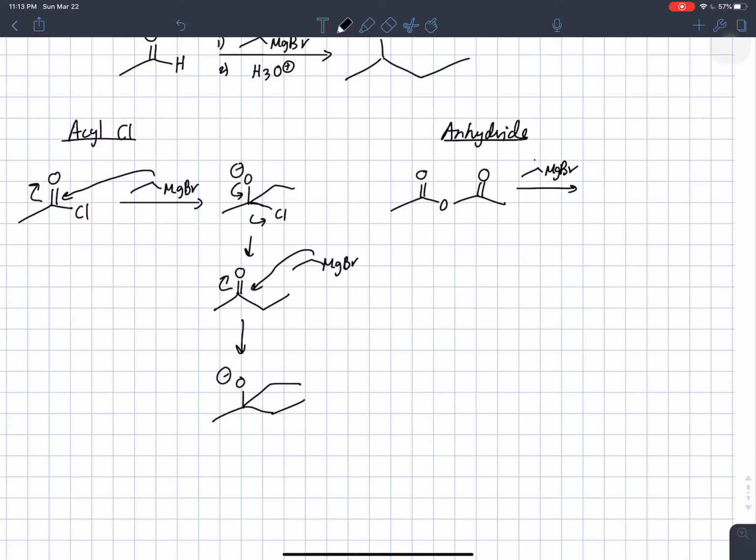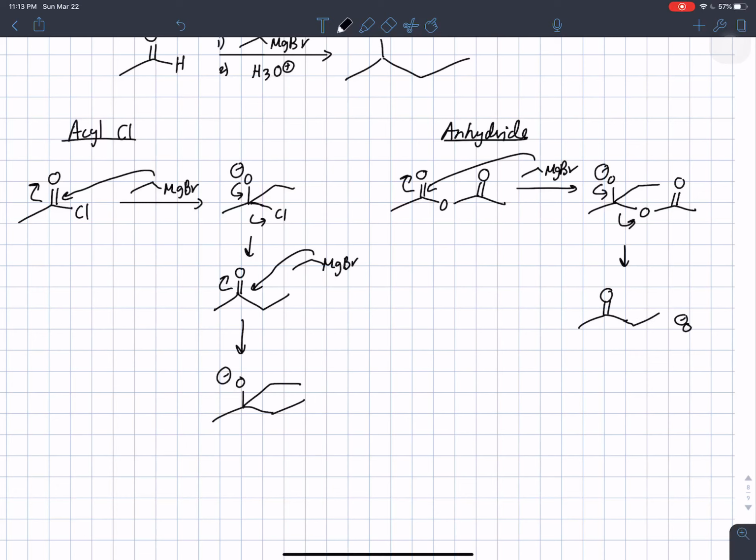Here in this case, you attack that spot, this goes up. When it comes down, this entire thing leaves. So if I draw that out, you'll get O minus. You just added these two new carbons. But then when this comes down, this acyl chloride or this anhydride thing just leaves. So I added carbons, and I formed a ketone, like this, and then this thing just left.